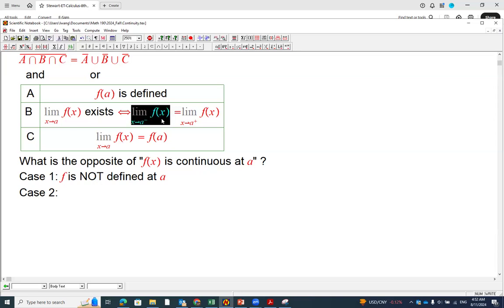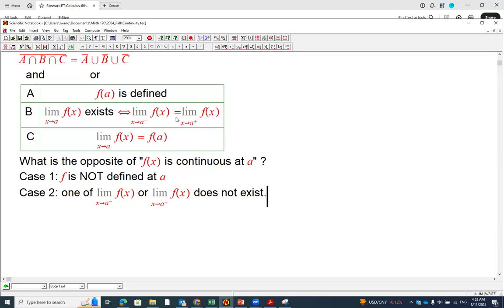It could be that one of the two does not exist. We use or, right? We don't need both to not exist. We just need one of them to not exist.